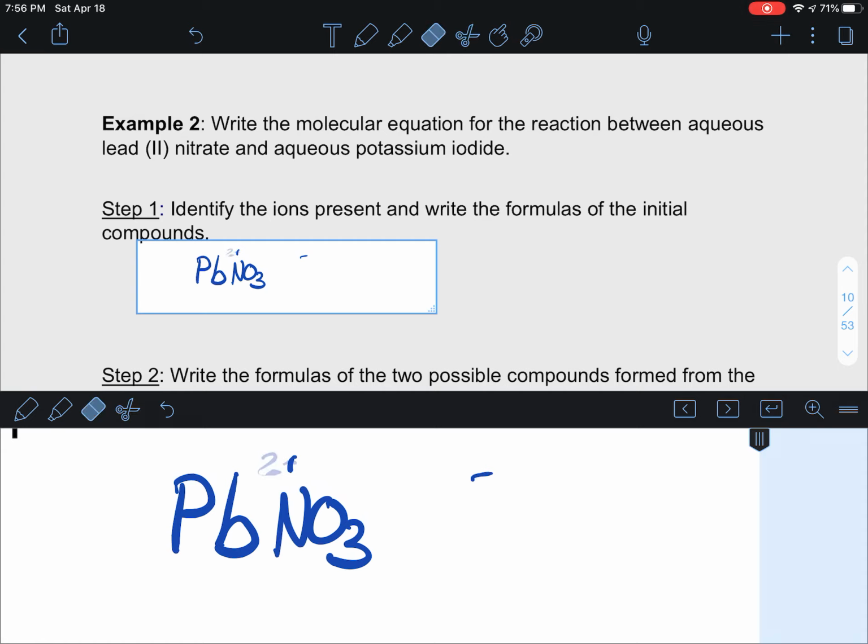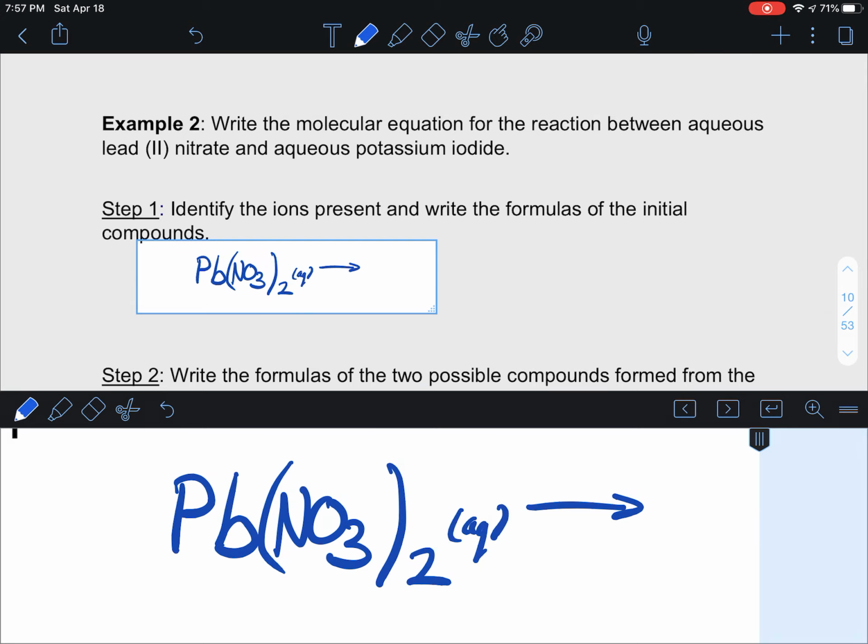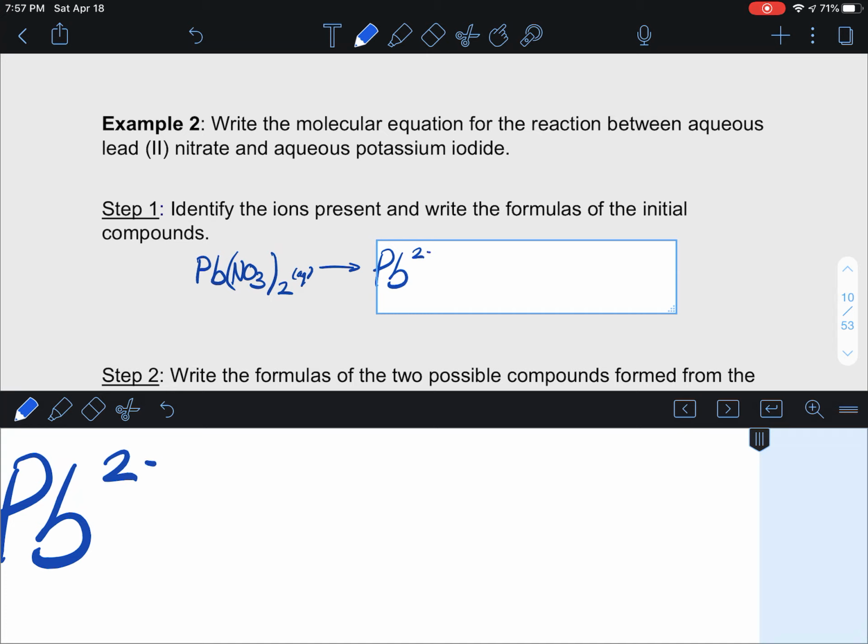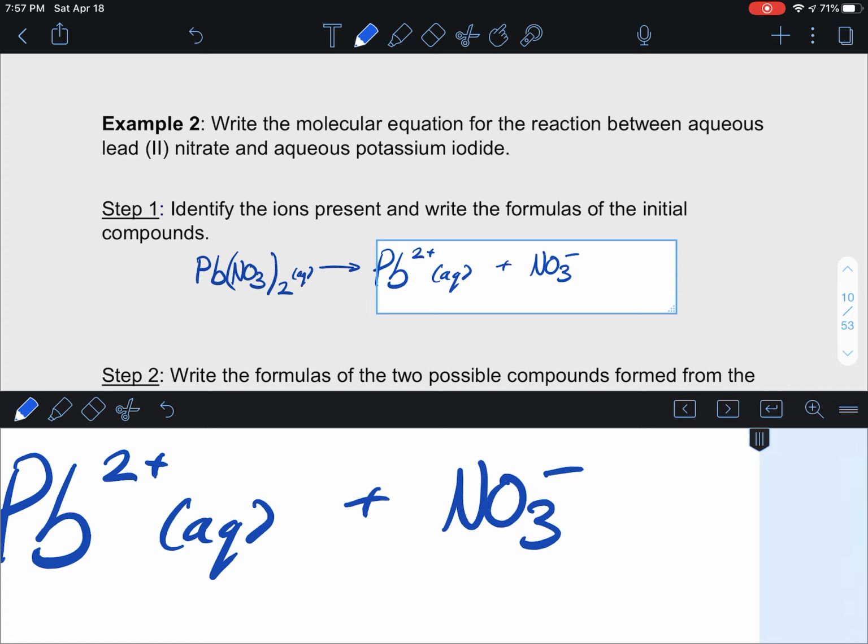I have to think about the charges on that nitrate. Nitrate only has a -1 charge, so lead 2 nitrate means that it will have 2 nitrates for each lead. And then this chemical is going to be aqueous, so it means in solution we are expecting to find a bunch of these lead 2+ ions and a bunch of these nitrate ions.